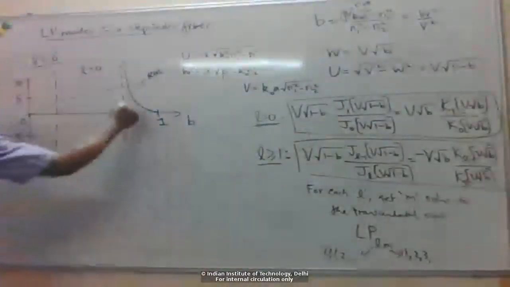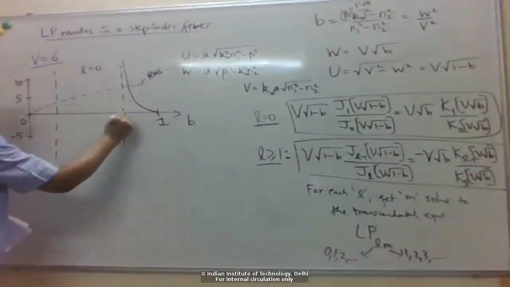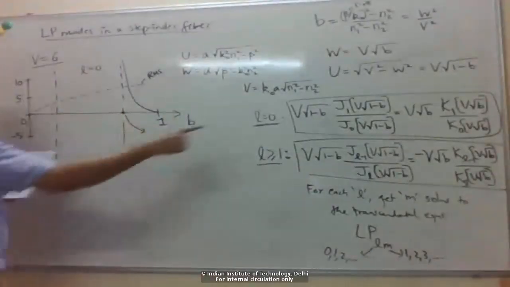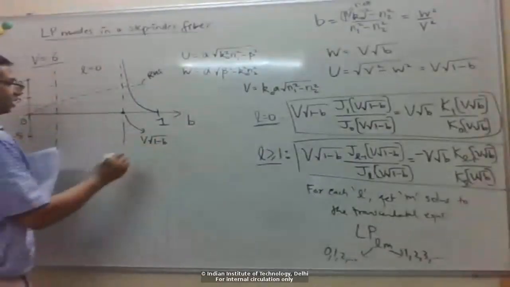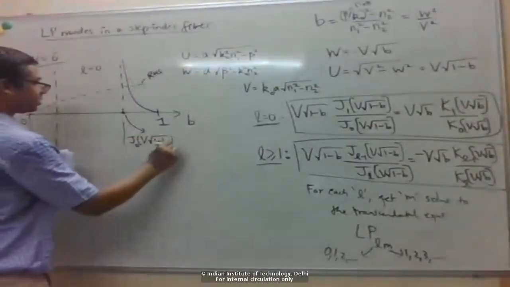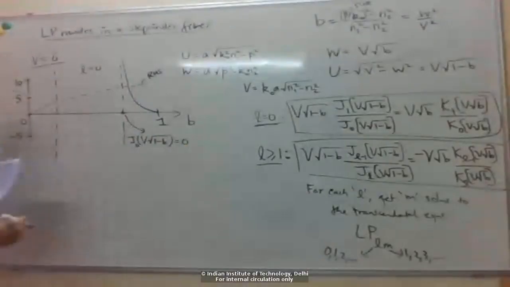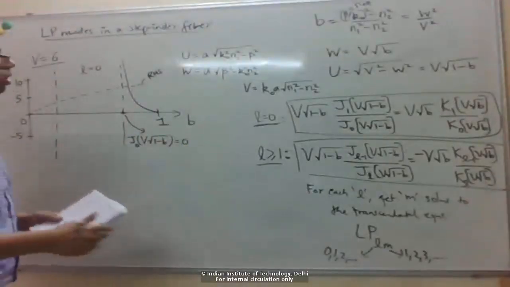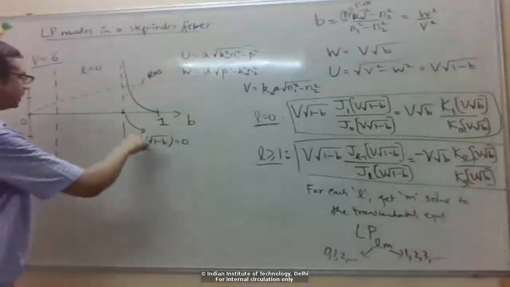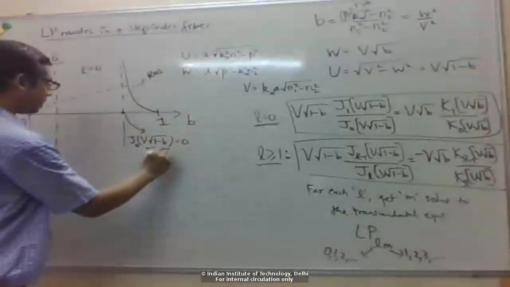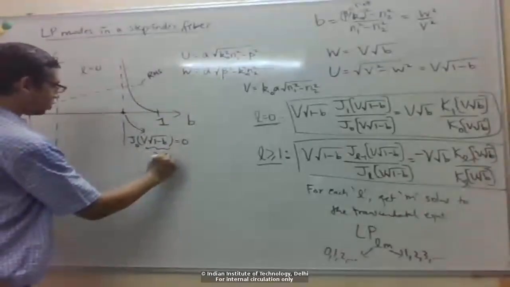So that's what's happening here. At this point, V times square root of 1 minus B makes J0 become 0. If you recall, when we plotted these Bessel functions, J0 first becomes 0 when the argument is around 2.4.